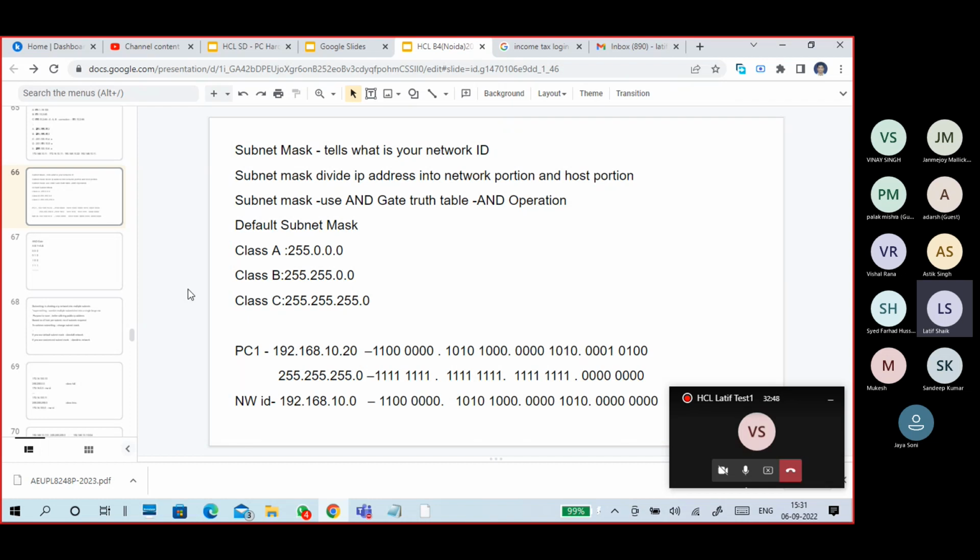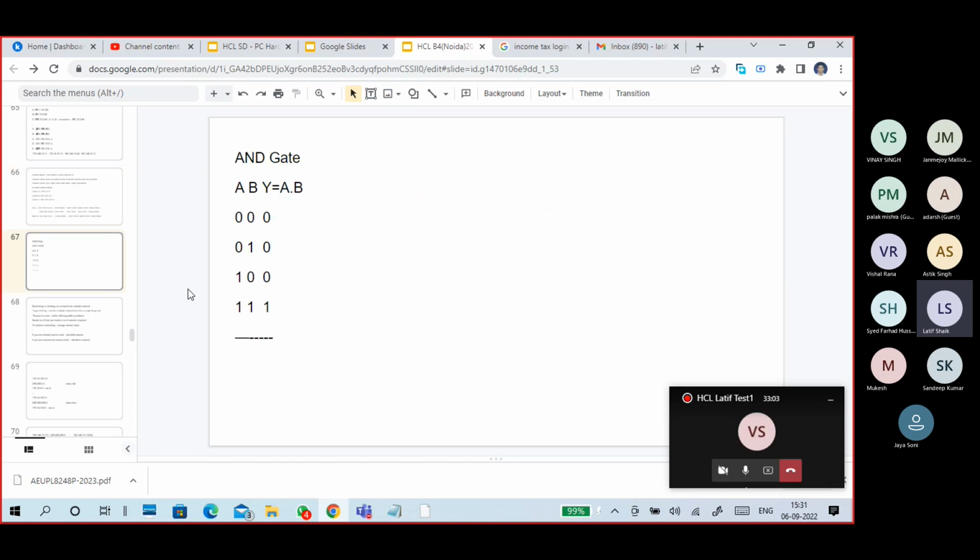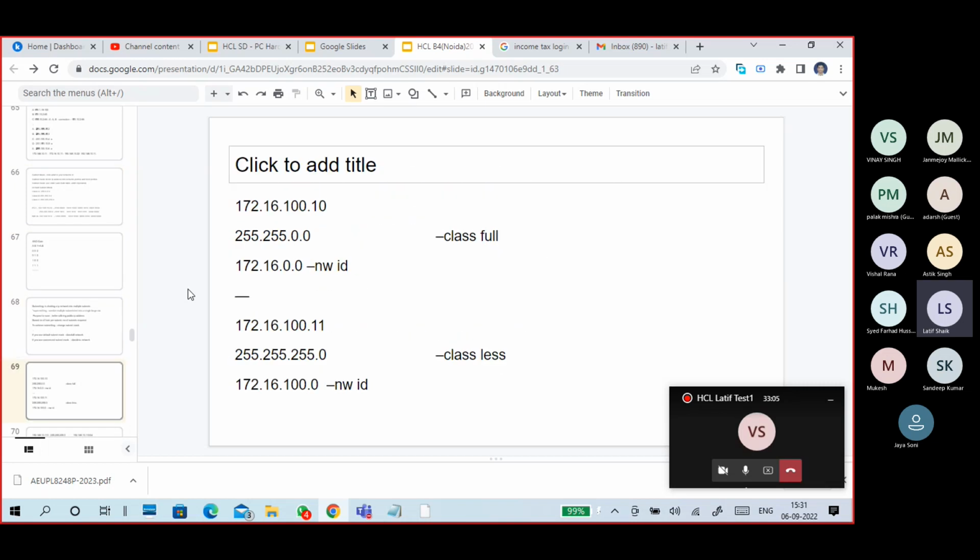Out of 254 hosts, I want to divide into two networks, or maybe four networks, maybe 8 networks, maybe 16 networks, maybe 32 networks. I can divide it by simply changing the subnet mask. Here is an example.